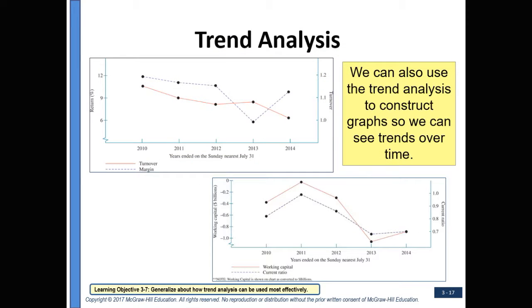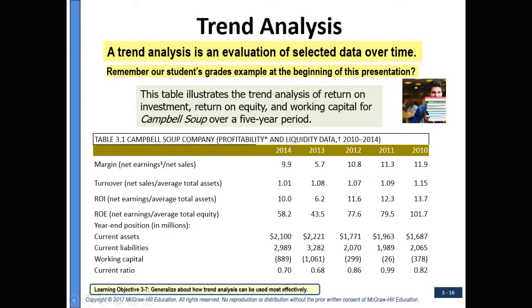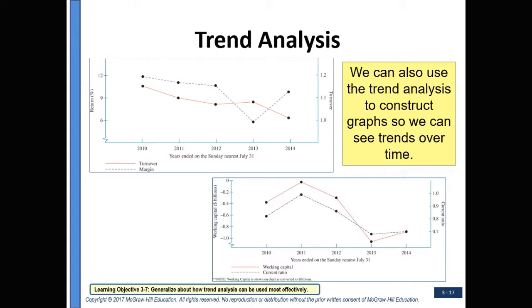One of the things that we also do with trend analysis, because sometimes just looking at numbers and seeing these numbers as they change and go down shows us some things, but what it doesn't necessarily show us is how they relate. Is there something that we can see that may have been causation?